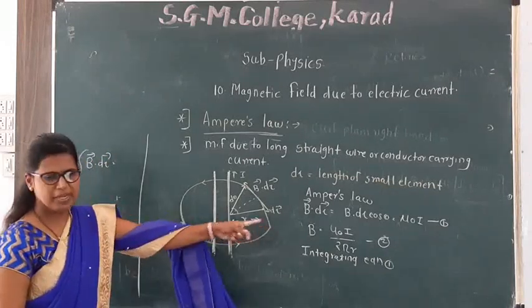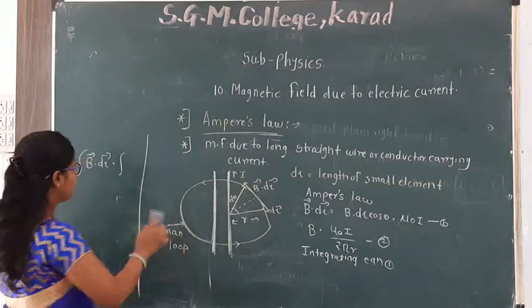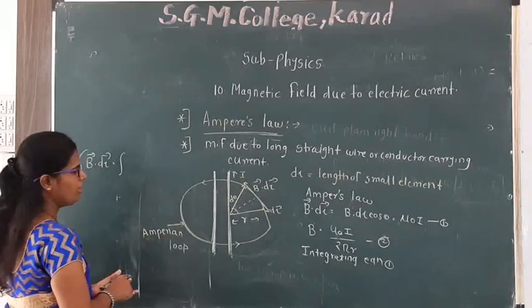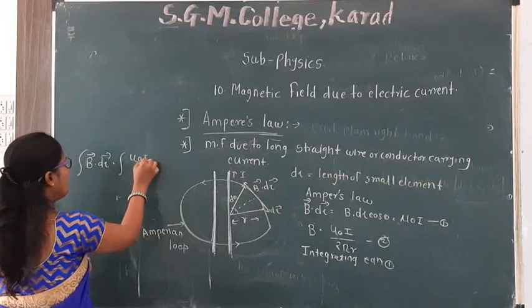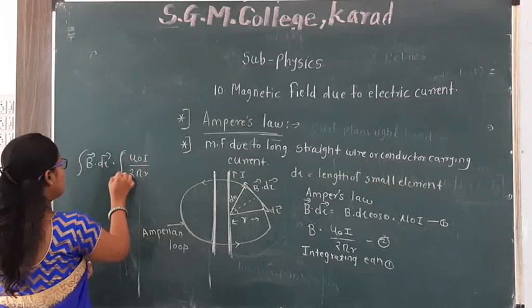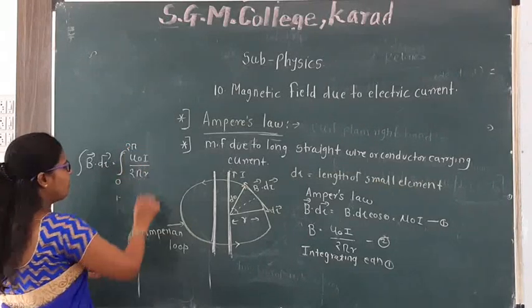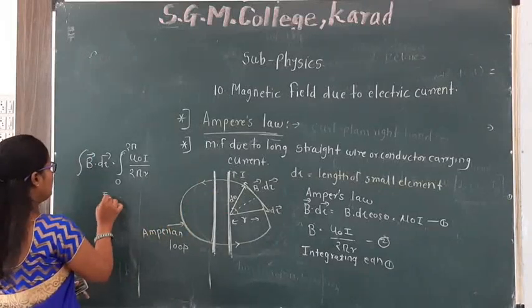Substitute the value of B here. Integrating, we write mu 0 I upon 2 pi R, with the integration limits from 0 to 2 pi because the Amperian loop is drawn here.